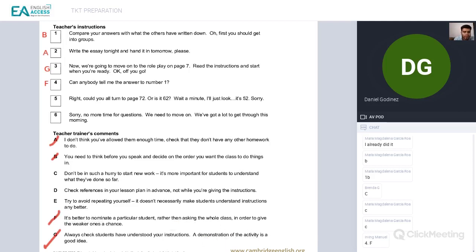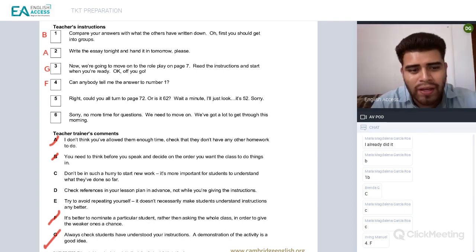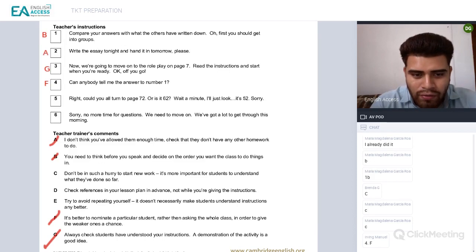Very good. But also, guys, let me point something out. Yes, it's better to nominate a particular student rather than asking the whole class in order to give the weaker ones a chance.